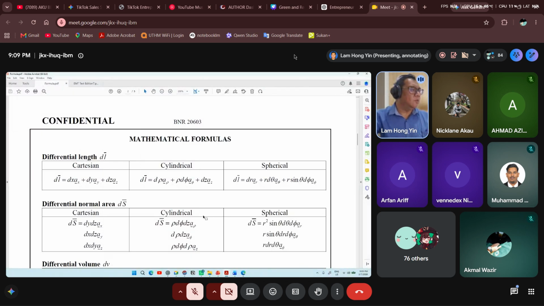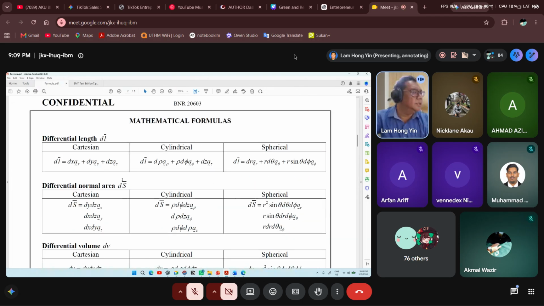So you can see over here, there is a mathematical formula with differential length dl. So we have different coordinate systems. The coordinate systems for x, y, z, Cartesian coordinate, cylindrical coordinate, and spherical coordinate.